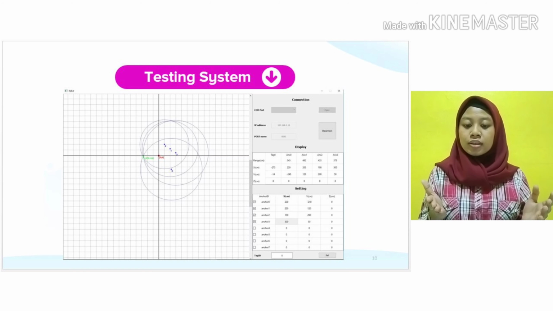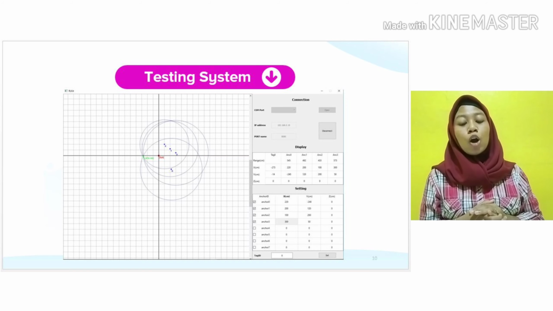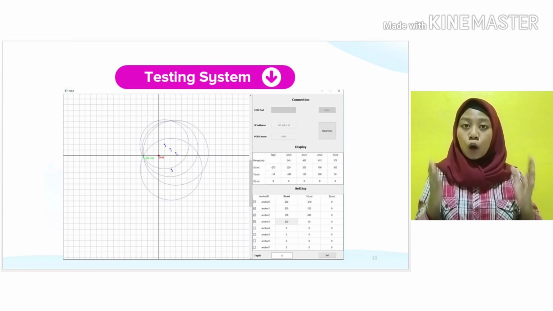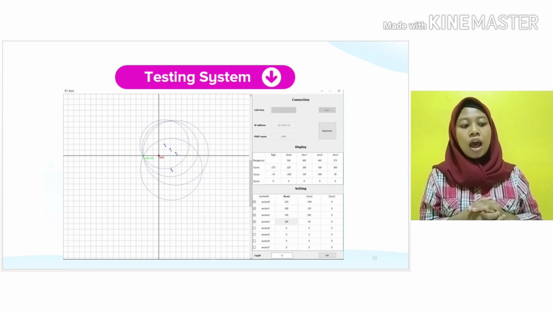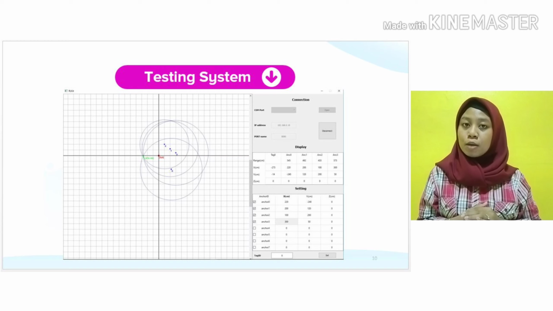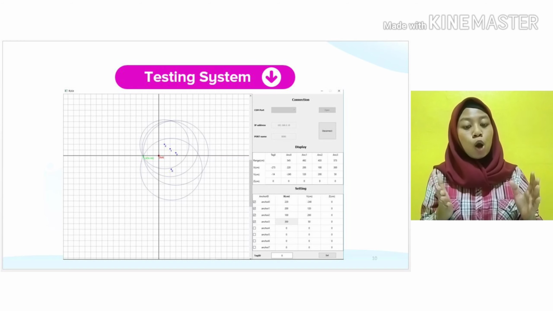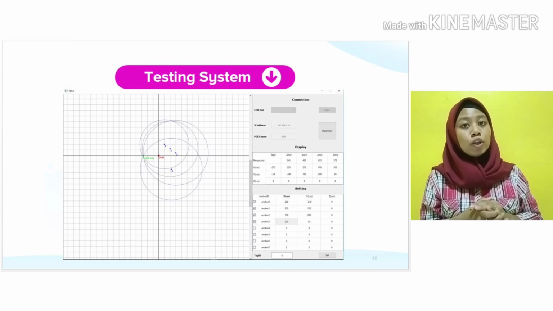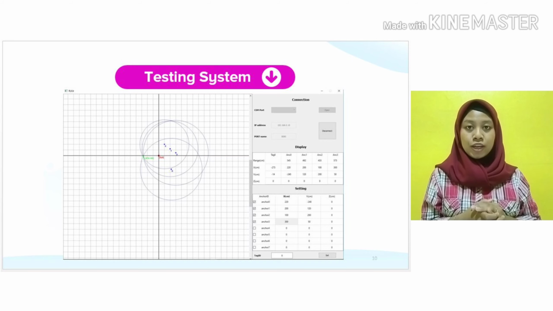Then, make a comparison of the distance from the data obtained with the actual distance. The comparison serves to find out the error of the tool used. Next is to compare the estimated position of the tag with the actual position to find out how much accuracy the UWB PK1000 tool has.